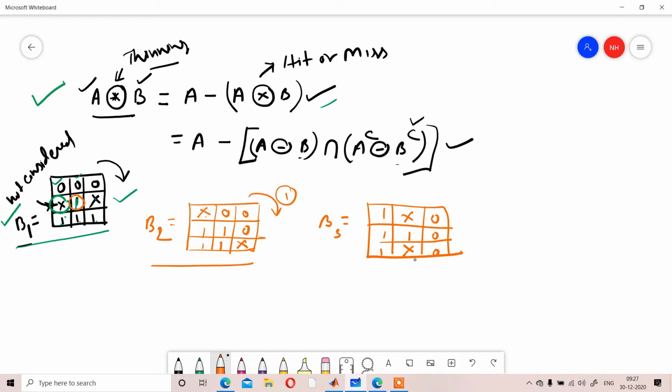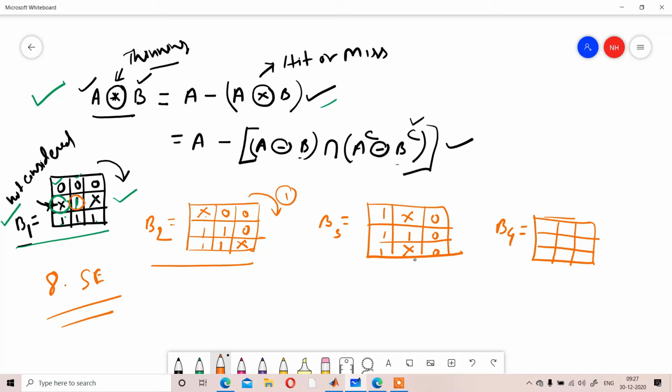In that way, how many structuring elements will you get? Exactly, B1 is your first structuring element and there will be 7 shifts, so another 7 structuring elements you will get, so overall you will get 8 structuring elements.